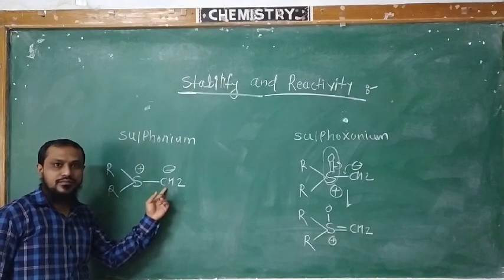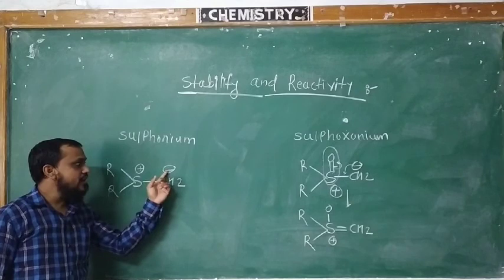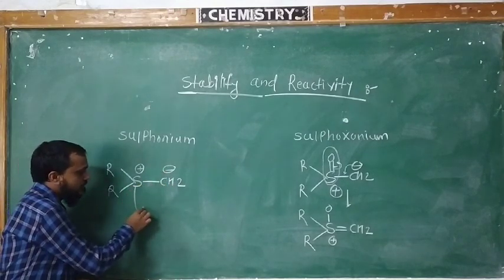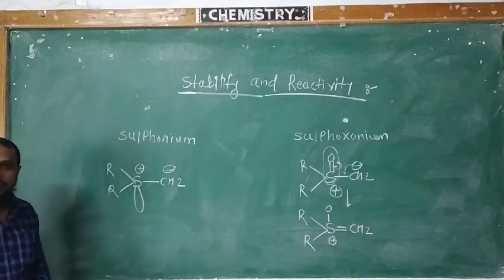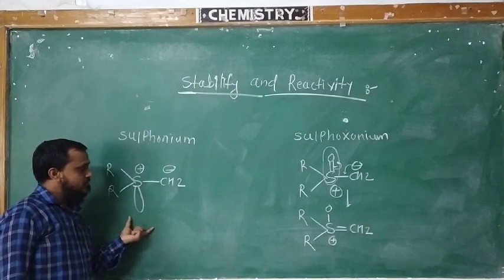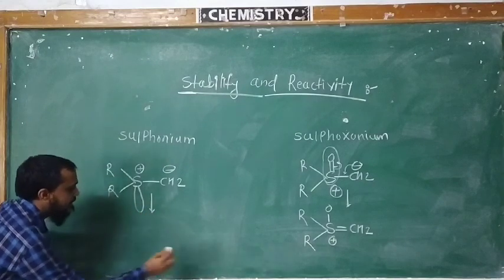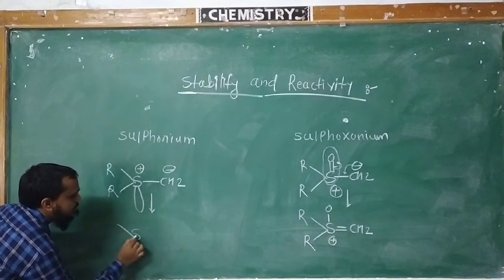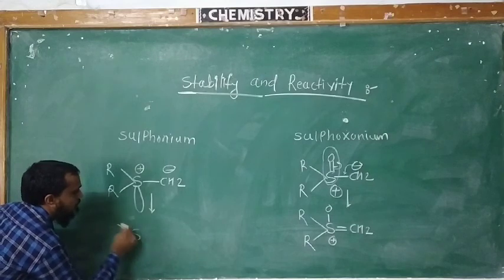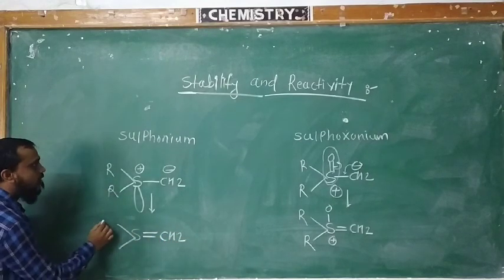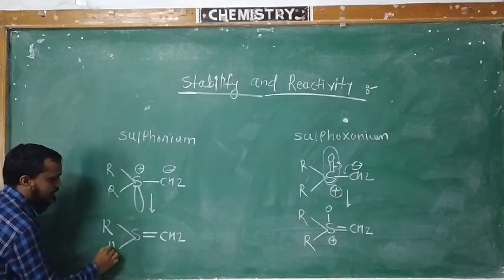On the other hand, when we observe the structure of sulfonium ylide, here also negative charge is present on the carbon atom, but this negative charge is stabilized with a vacant orbital of sulfur. Here one vacant orbital is present on sulfur, and here we will get this type of stabilized form of sulfonium ylide.